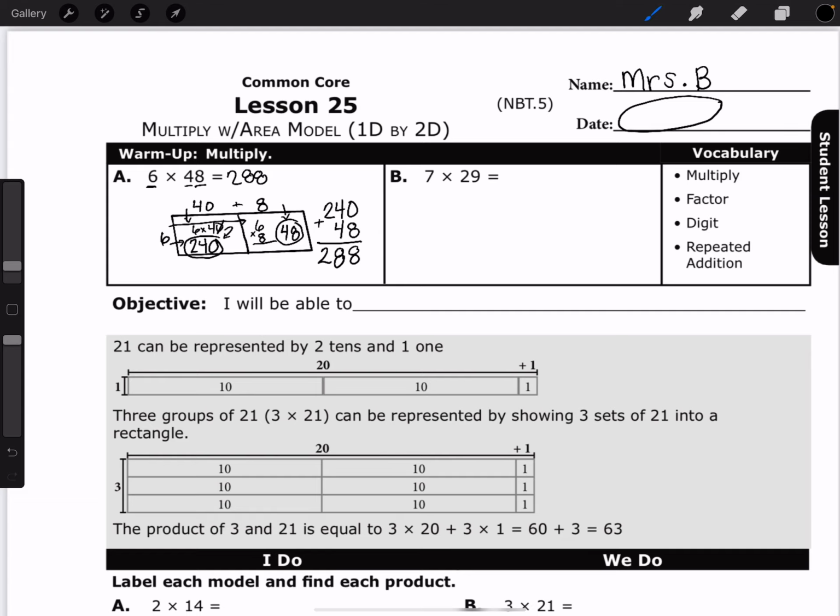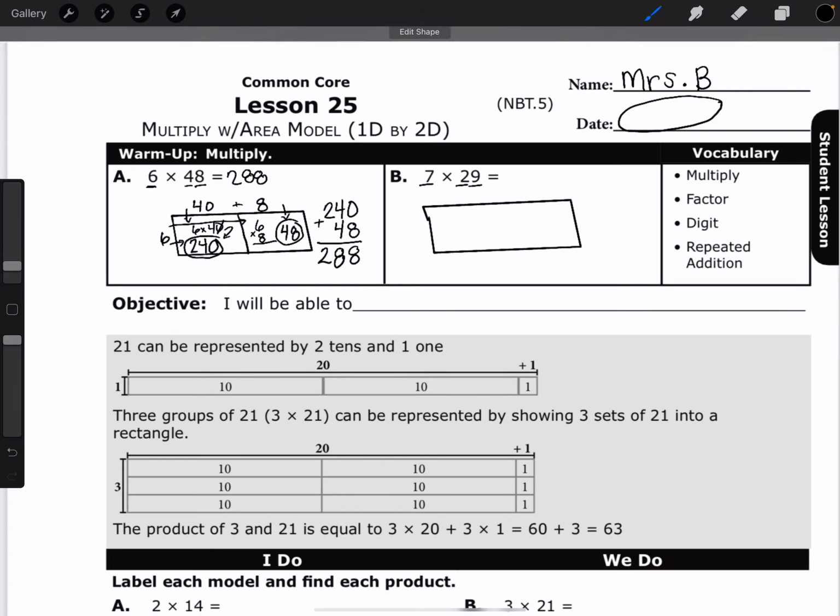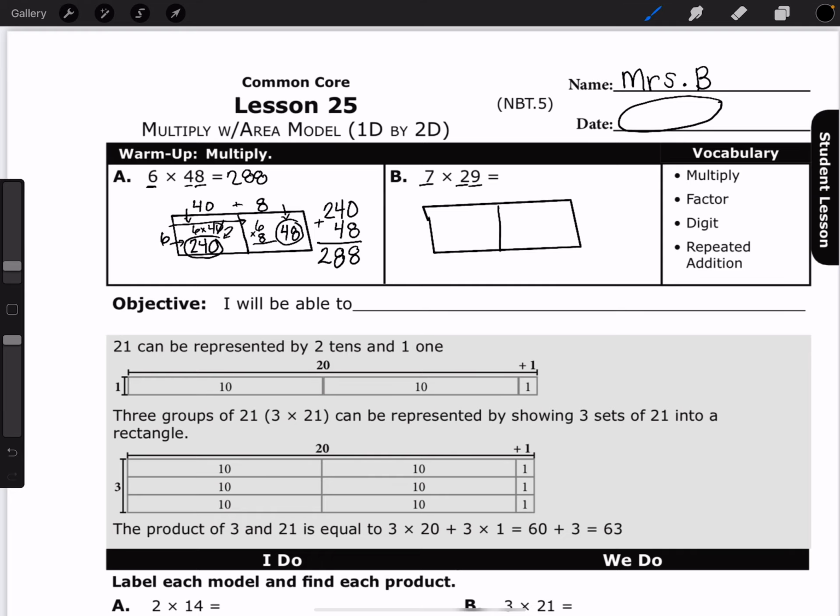Now we're going to go to B. Again, we have a 1 digit by a 2 digit. And I'm going to make my box for my area model because that helps me the best. And I know that this 7, the 1 digit, is over there, and I have to expand or explode the 29, so I'm going to do 20 plus 9.